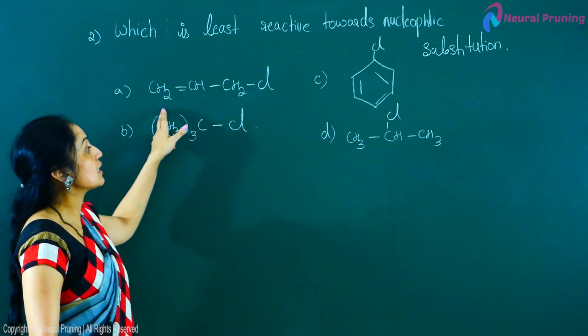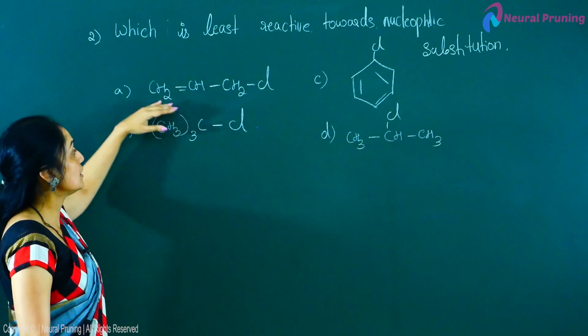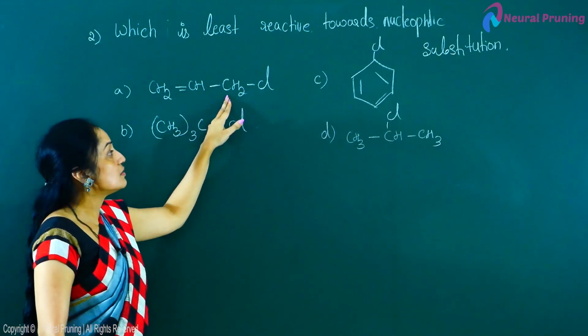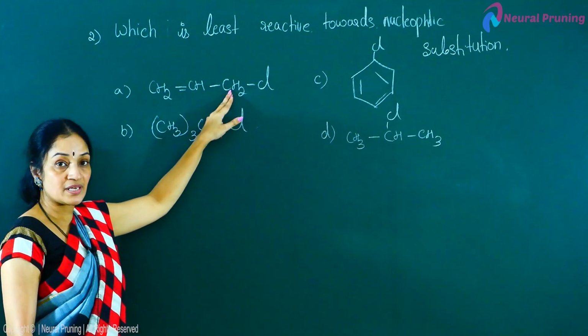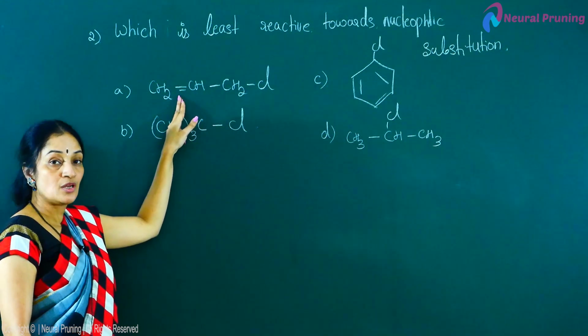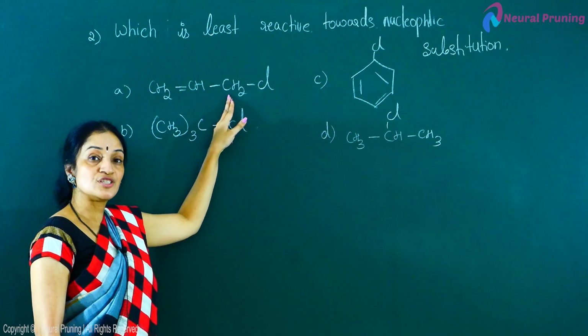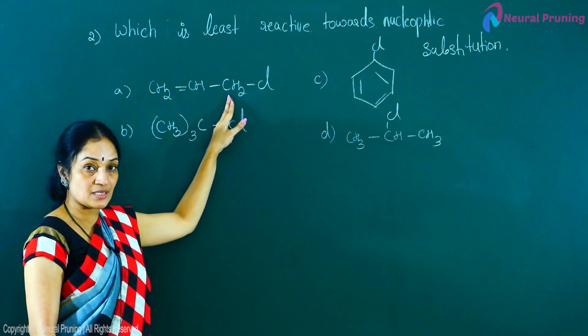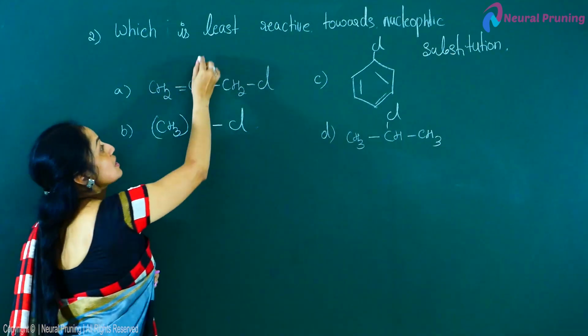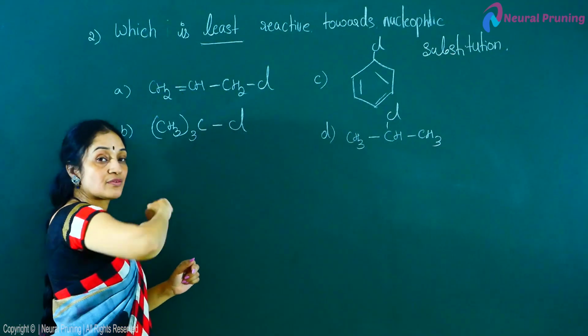Supposing if you take an alkyl halide, in option A, the halide is bonded to an sp3 hybridized carbon, but next to that we have a double bond. So the carbocation which is being formed is stabilized. So it will be more reactive. The question is asking for the least reactive.